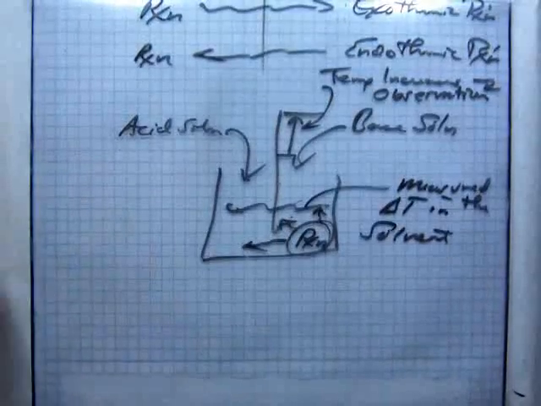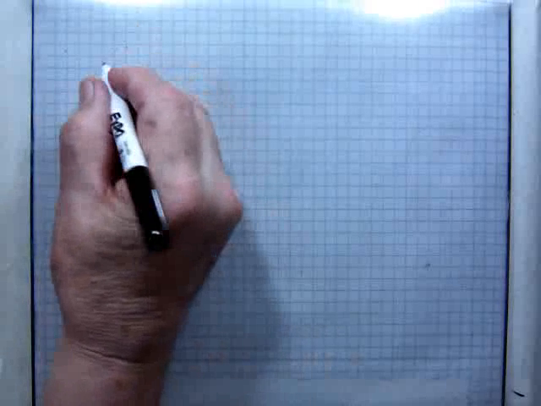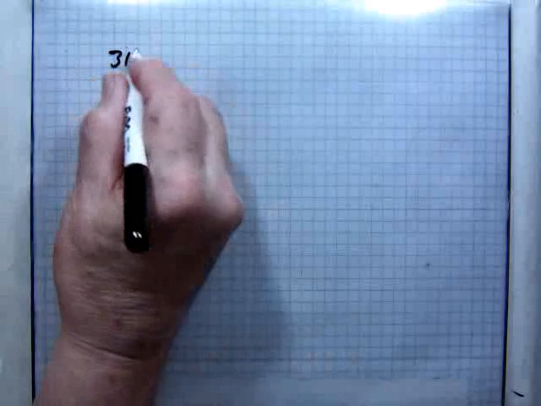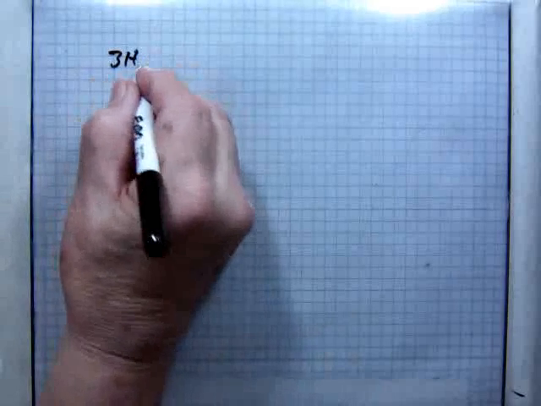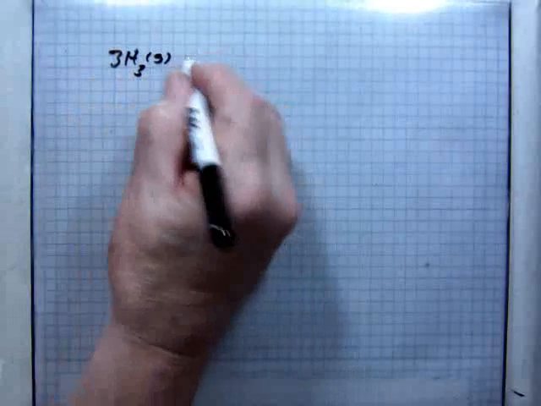So that's kind of giving you the physical events that are going on. And there are two ways to write endo and exothermic reactions. Both are used on exams. Let's go back to the ammonia reaction.